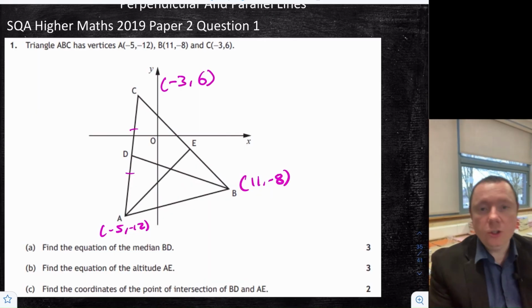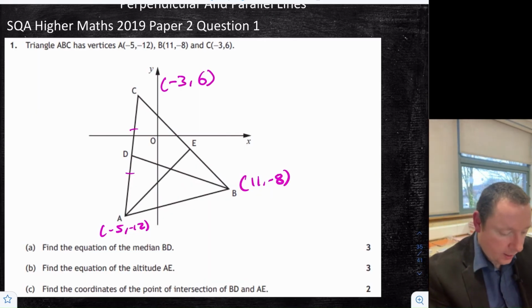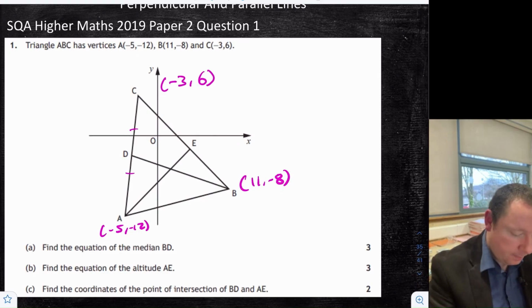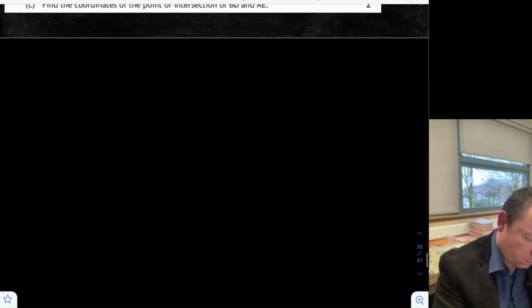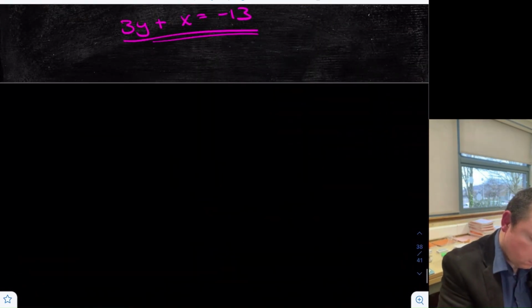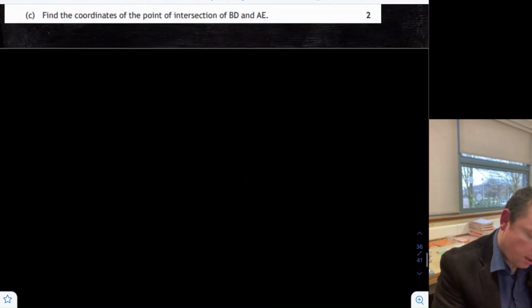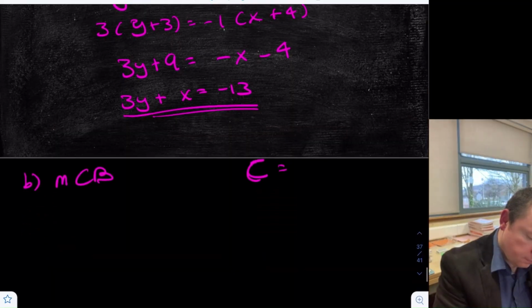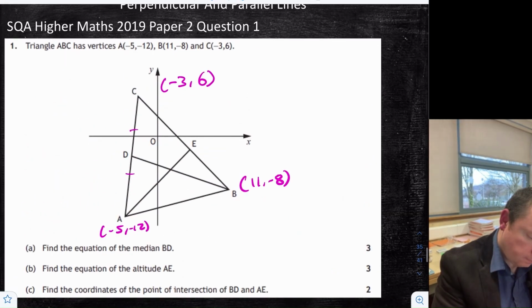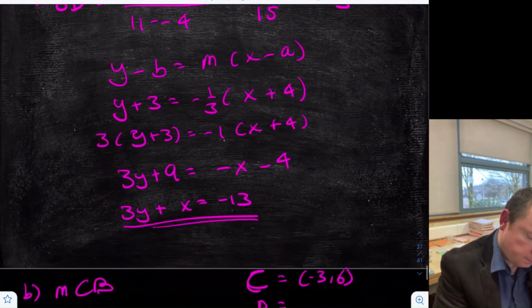So for the altitude, we are going to need to find the gradient between C and B. So just a reminder, C equals (minus 3, 6). And B was equal to (11, minus 8).